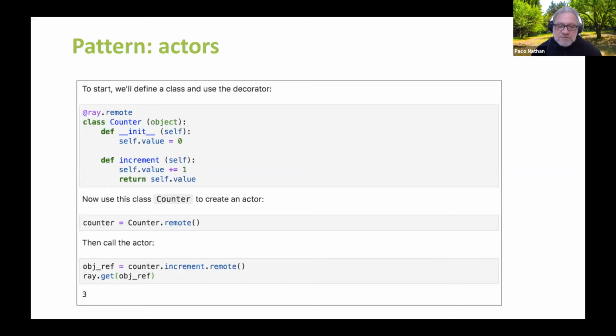So for instance, you would say counter.increment.remote, and that returns back an object ref. And then call ray.get on that object ref to get the value. So there's a couple of steps in there, but this allows us to distribute state across the cluster. And that's very important, particularly given the kind of guarantees that it has on its message processing.